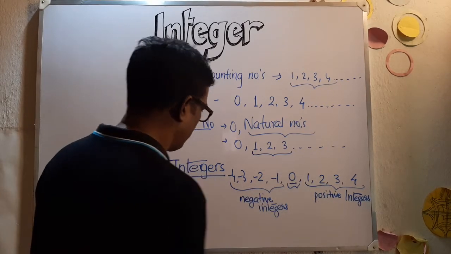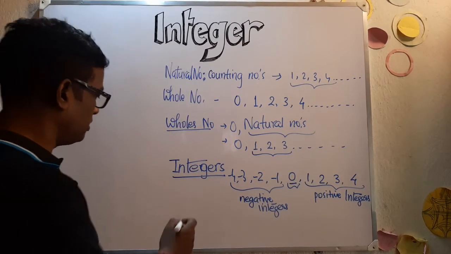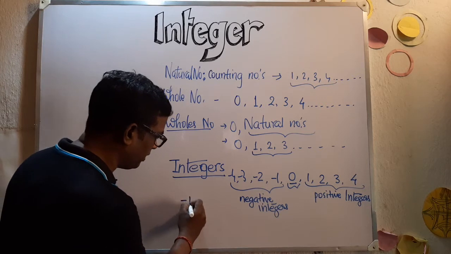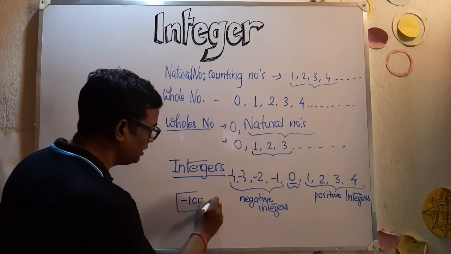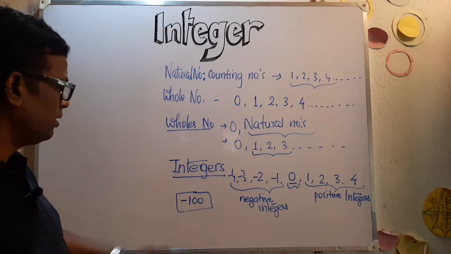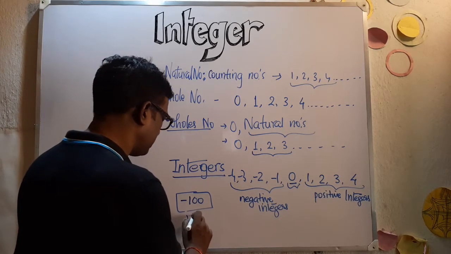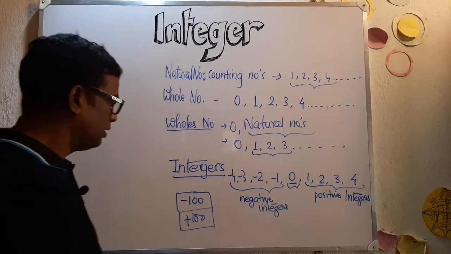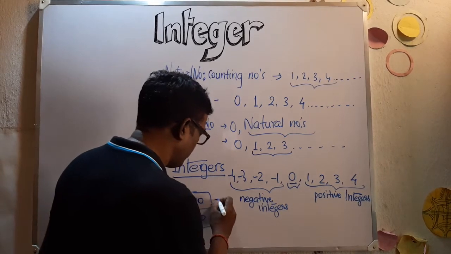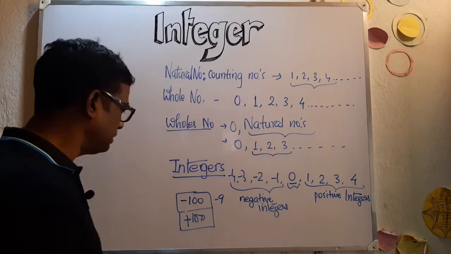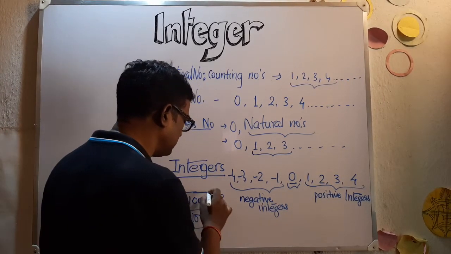So 0 does not carry any sign. Now if anyone asks, is minus 100 an integer? Definitely it's an integer. Plus 100, obviously an example of an integer. If someone says minus 9, obviously an integer. Plus 9, an integer.